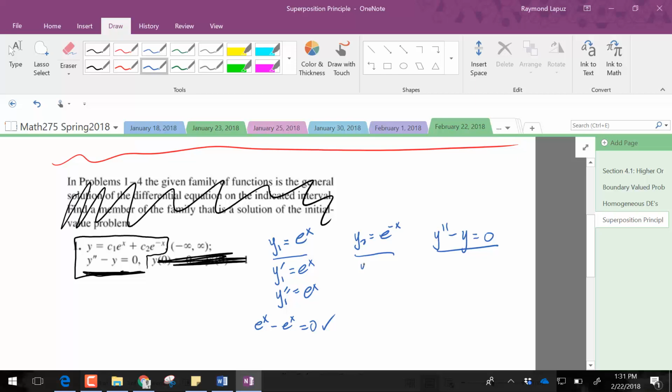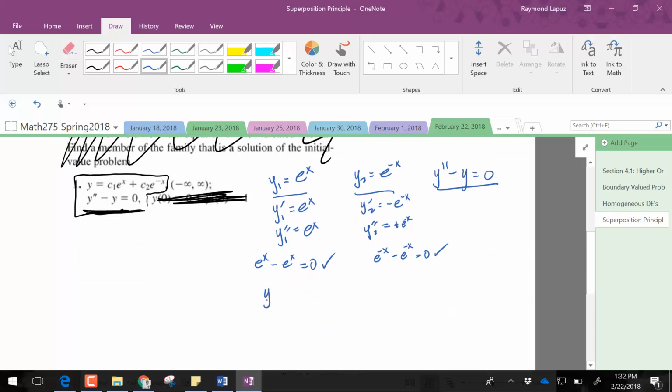Now I need the derivative of y2 to check if y2 works, and I need the second derivative of y2. And then I'll put that in to check. We have an e to the negative x, that's y double prime, minus y, original y is e to the negative x, and that's equal to 0. So that also works.